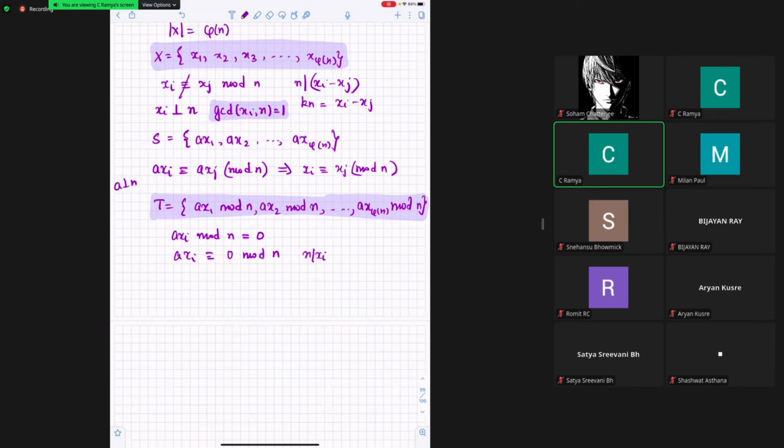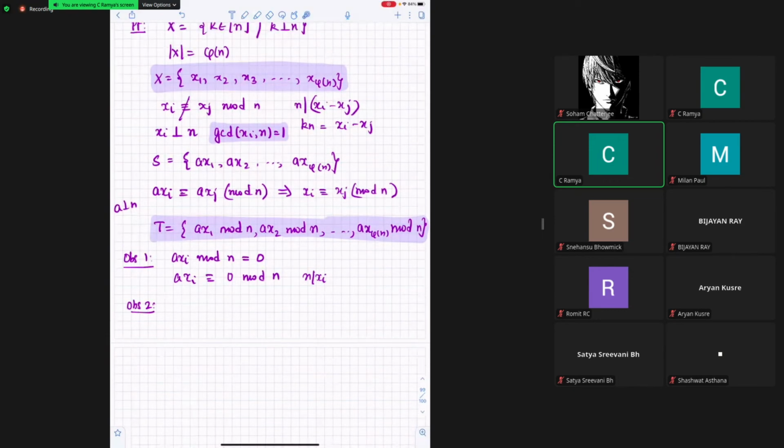Okay, so this is one observation. Let's look at another observation. What can you say about an element in T and elements in X? If you look at an element AXj mod N, what can you say between elements here and elements here?